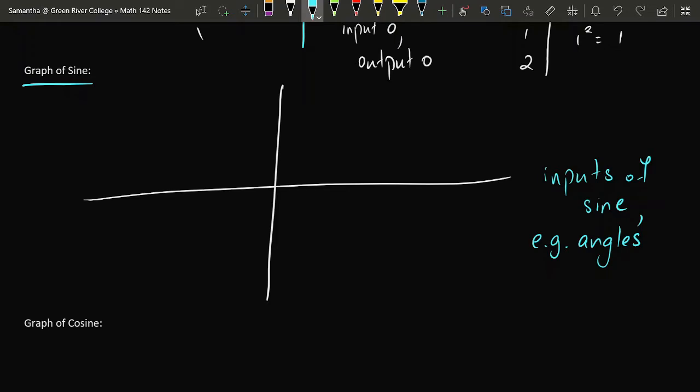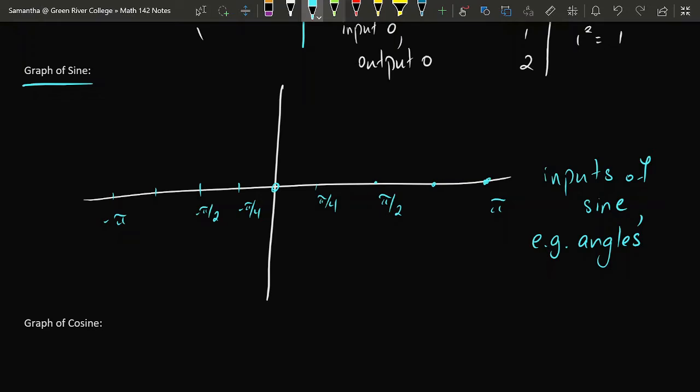So it would be appropriate for me to decorate the horizontal axis in the graph of sine with values like 0 and pi/4 and pi/2 and pi, which would be 2 steps away in the scale, etc. As well as things like -pi/4, -pi/2, -pi, etc. It would be appropriate for me to label the horizontal axis with these values because these are angles that would typically be plugged into sine, and the horizontal axis in the graph of a function represents inputs for that function.